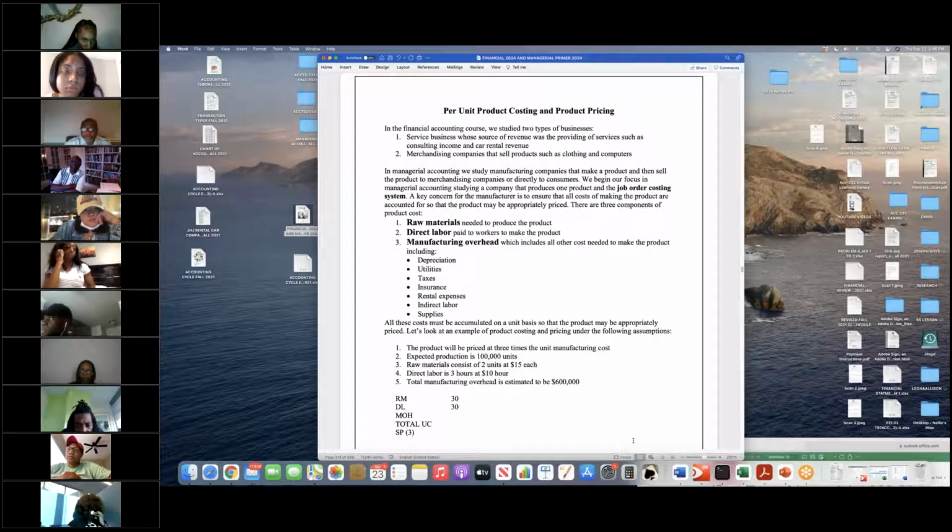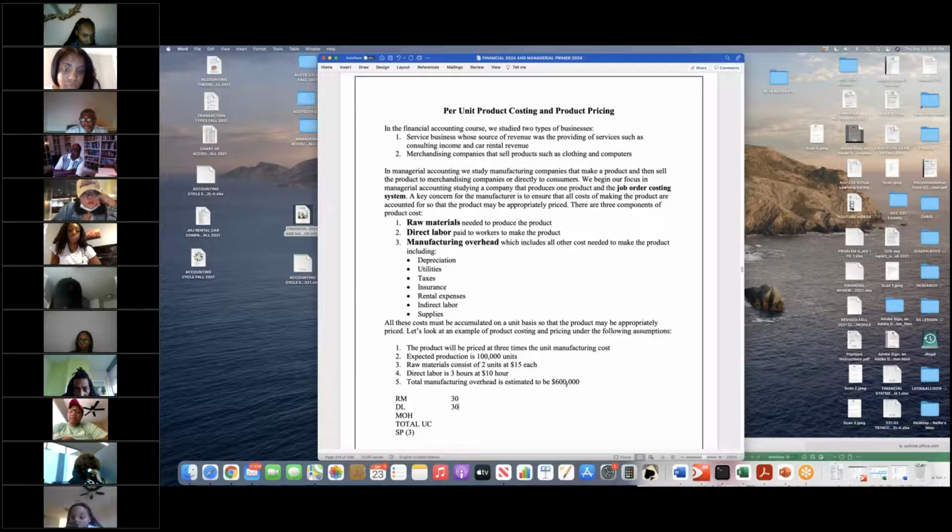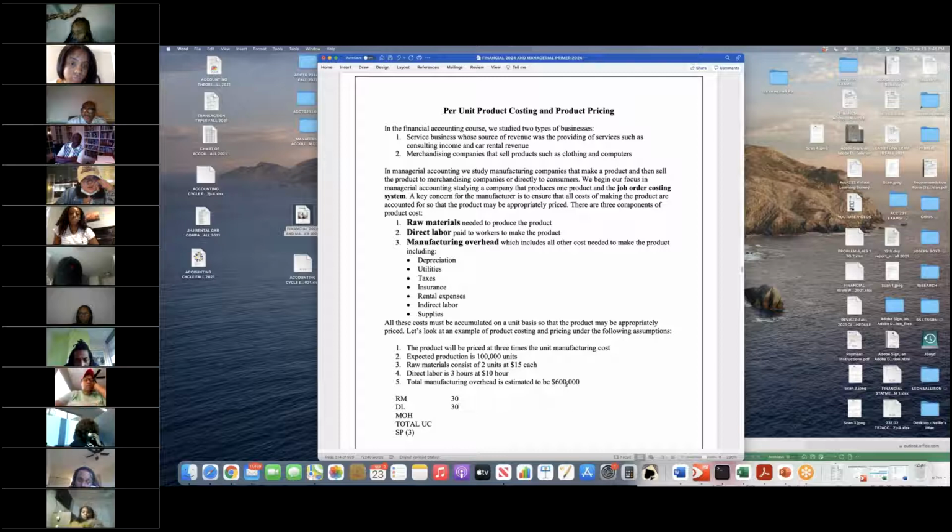Y'all try to make this hard. Now I've got this $600,000 of overhead. How am I going to get that on a unit basis? That should be $6 per unit.